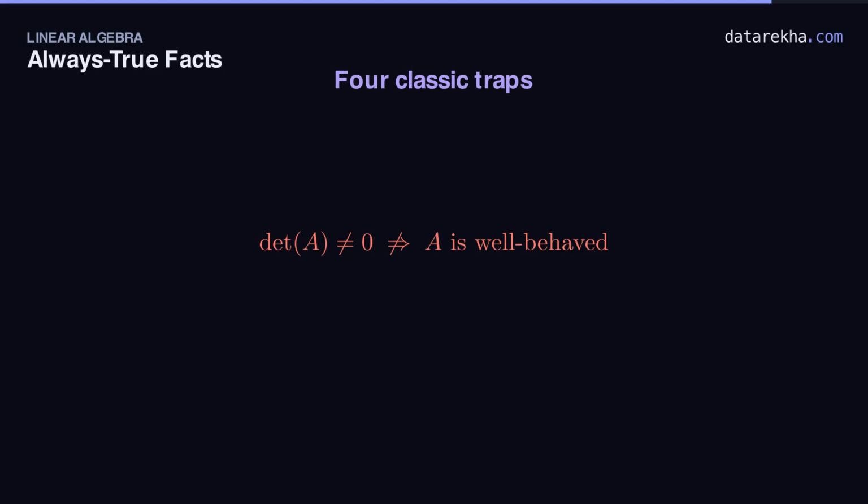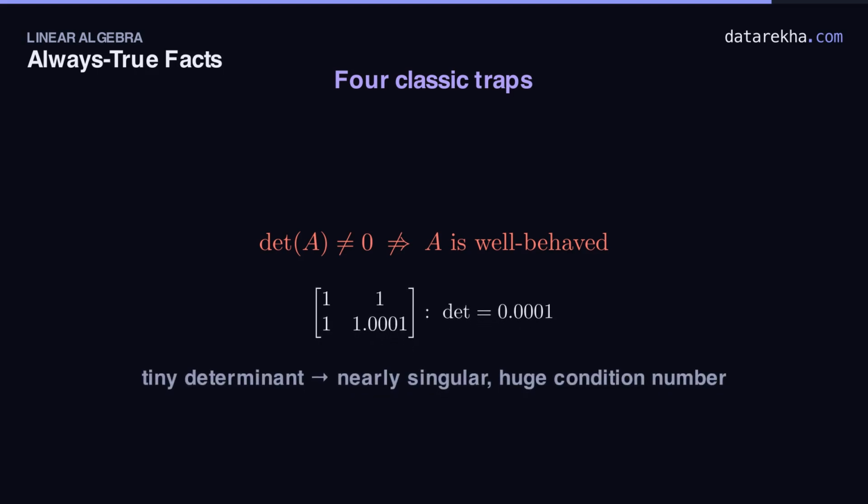A non-zero determinant means invertible in theory, but it does not mean safe in practice. This matrix has determinant 1/10,000th, technically non-zero, so the switch is on. But it is a whisker away from singular. Its columns are almost parallel. Its condition number is enormous, and inverting it amplifies every rounding error. Invertible and well-behaved are not the same thing.